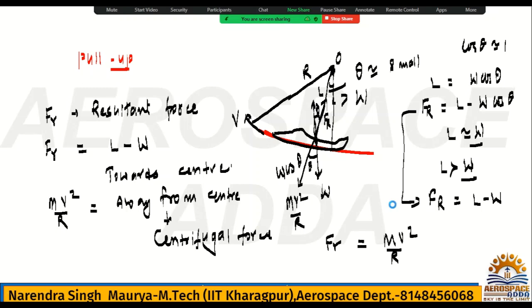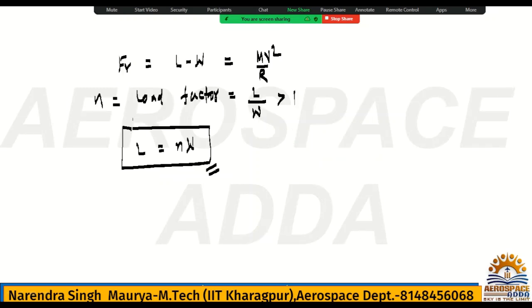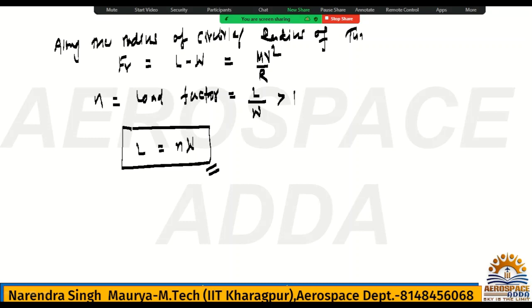So along the radius of the circle, this resultant force you are writing. What have you written?